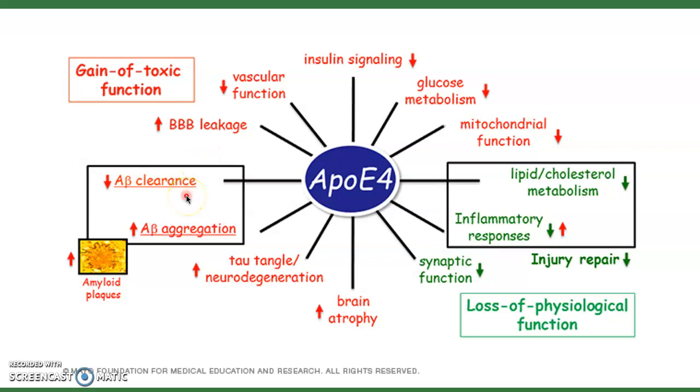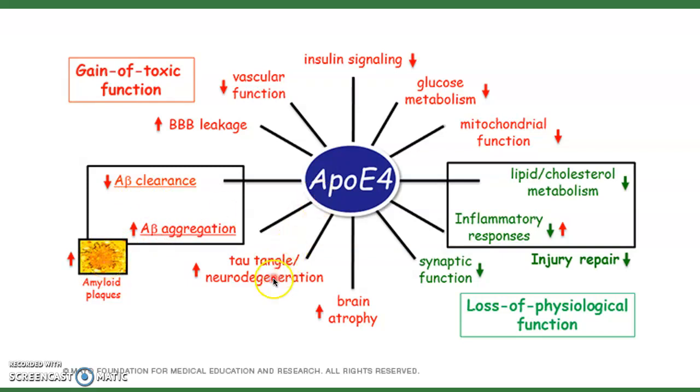One is we have less amyloid beta clearance. So on that first slide, you remember seeing the amyloid beta that gums up the synapses between the neurons. It plays a role in clearance, and with less clearance, you get more aggregation, as the picture shows here.